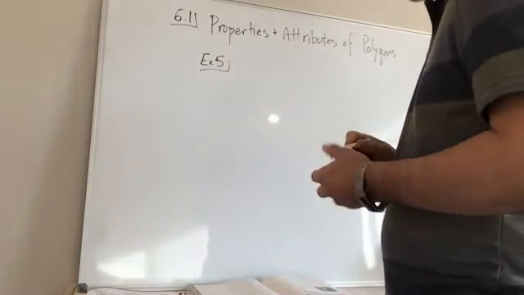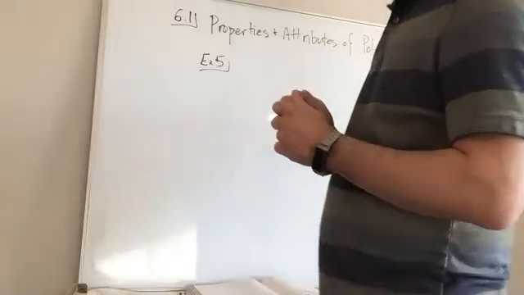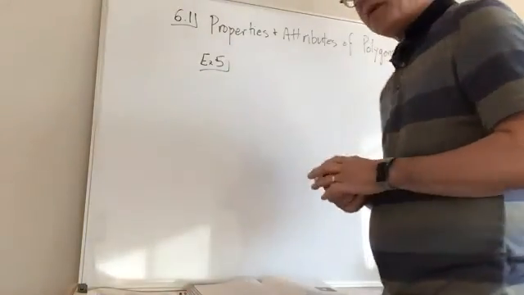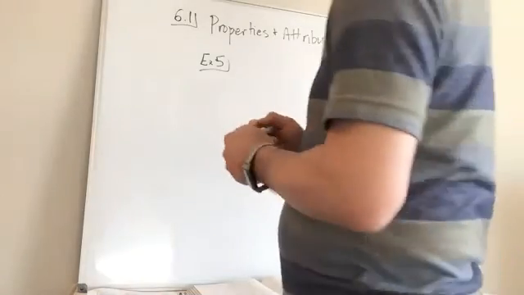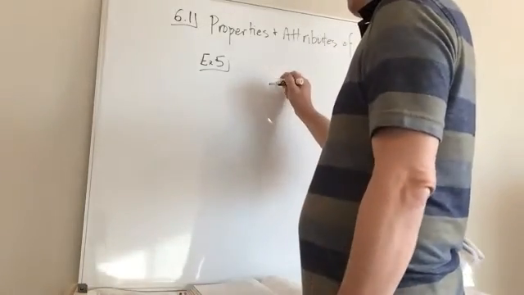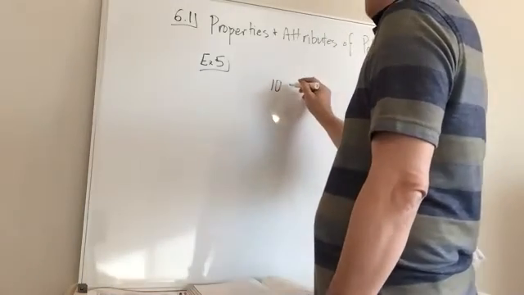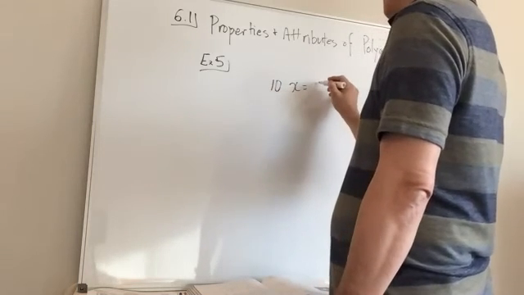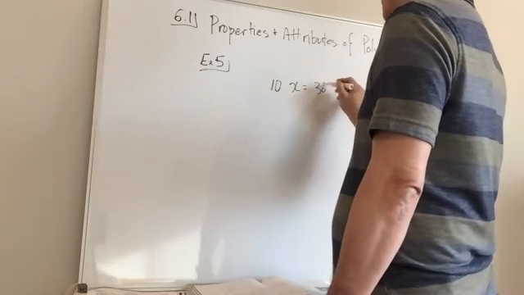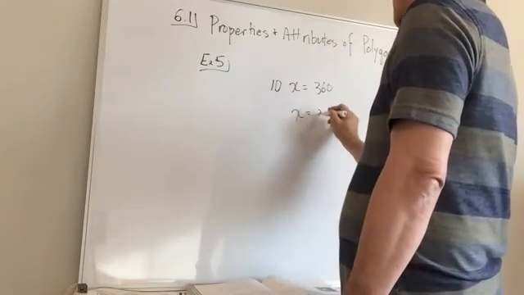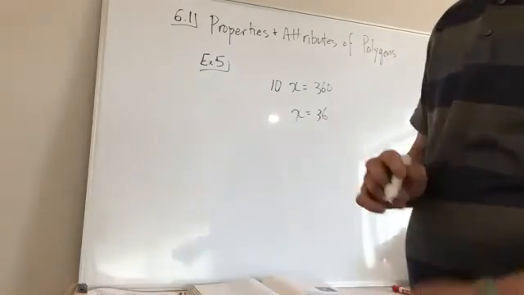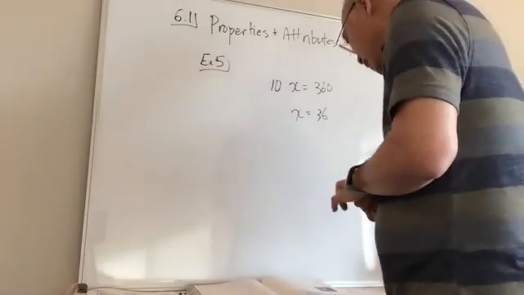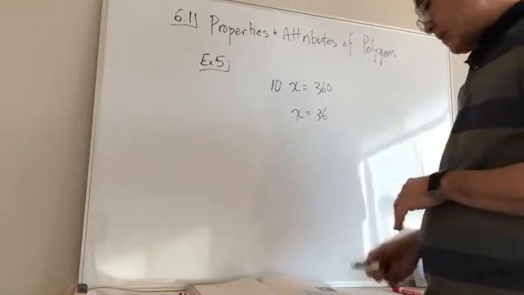And since it's a regular decagon, that means all 10 of the external angles are going to be the same. So if we call them X, when you add them together, it's going to be 360. Which means that X is equal to 36. So each one of them is going to be 36 degrees. So the answer should be 36 degrees.